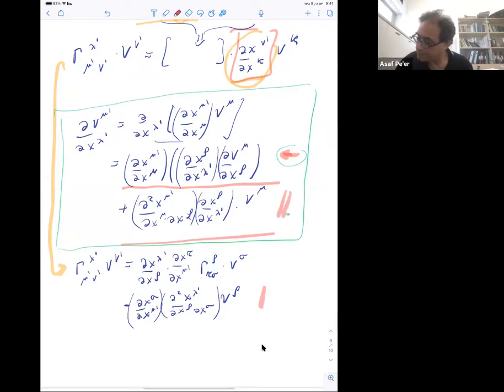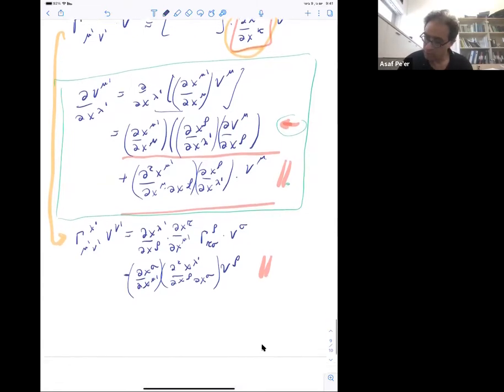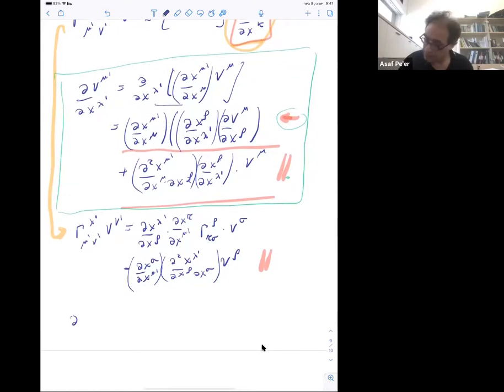This one and this one, which will end up with d mu prime over dx lambda prime plus gamma. I think that I just change here, okay, from lambda prime I change to mu prime. Doesn't really matter. So mu prime, then wherever there is a lambda, then there is a mu.